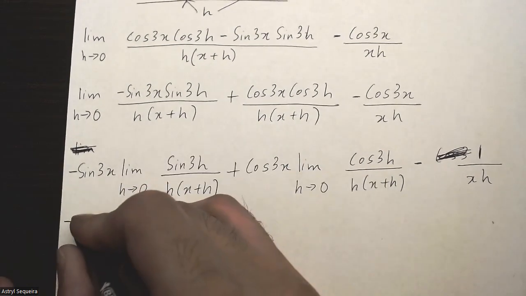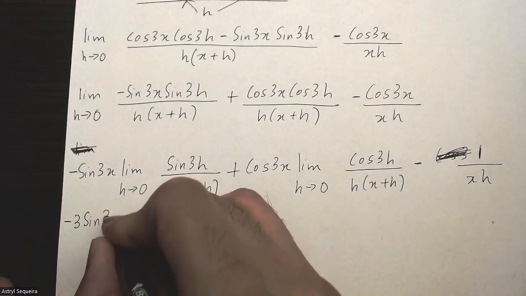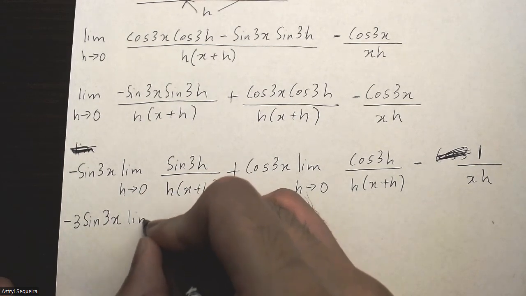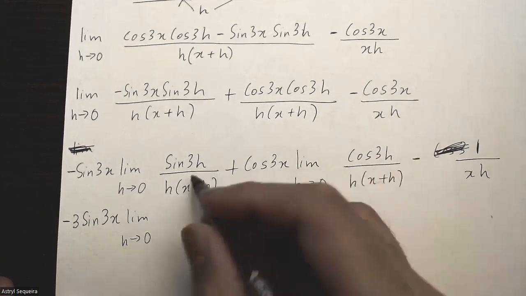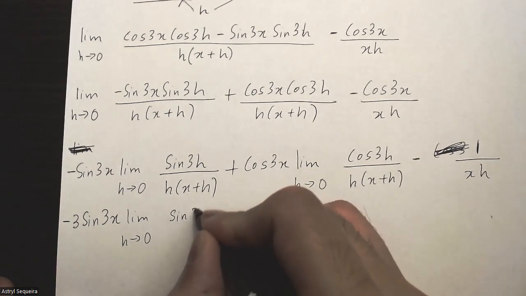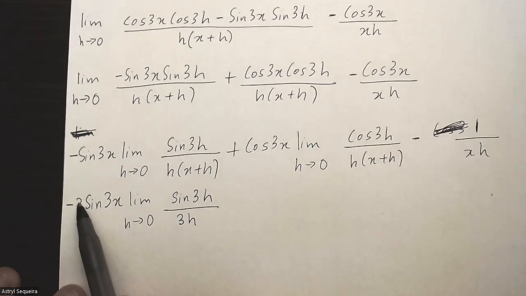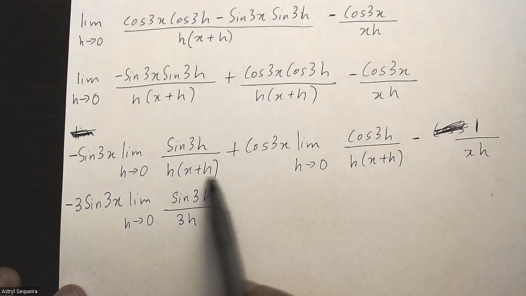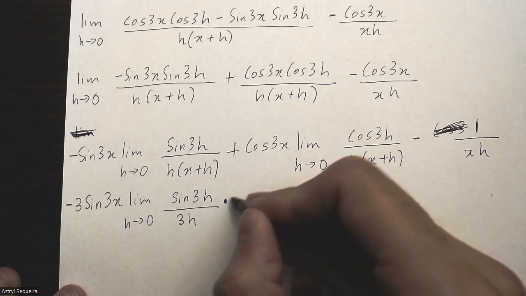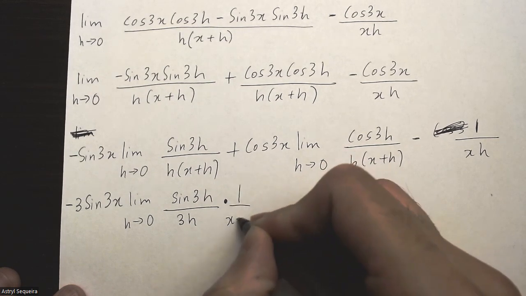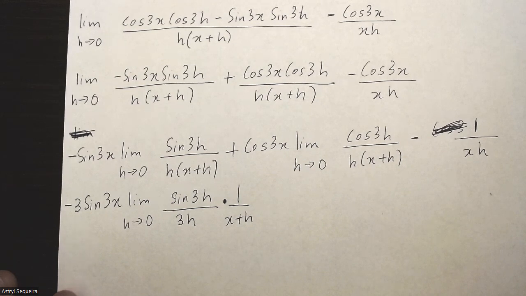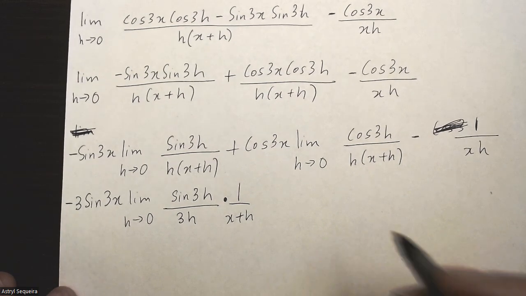The 3, when I multiply it on the top, I'll just factor it out as well. And over here, I'll write the 3 on the bottom. So I just multiply the top and bottom by 3, and this x plus h, I'll just put it at the end over here. So I have 1 over x plus h.